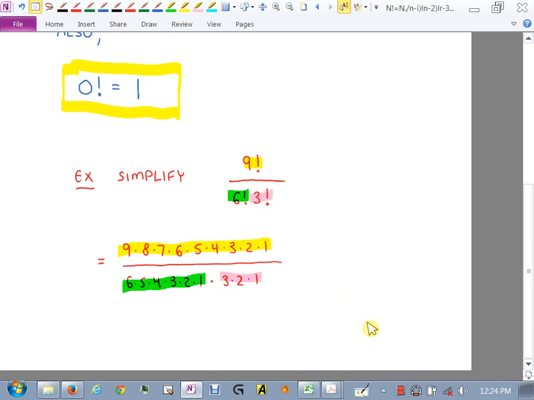All right. It's all multiplication between everything. I can cancel anything I want, but I can only cancel 1 on top and bottom, like 1 of each. Okay, so I'm going to go 6, 6, 5, 5, 4, 4, 3, 3, 2, 2, 1, 1. Anything else cancel? No? So I get 9 times 8 times 7 over 3 times 2 times 1.